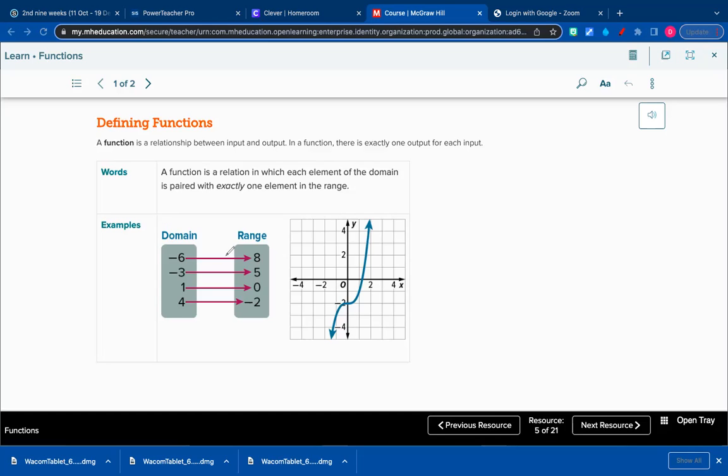Whoops, I messed up my screen share. Here's our domain, right? And our range right here. Now, remember, function each element of the domain is paired with exactly one element of the range. Okay, looks okay here in our mapping. Okay, I think that works.